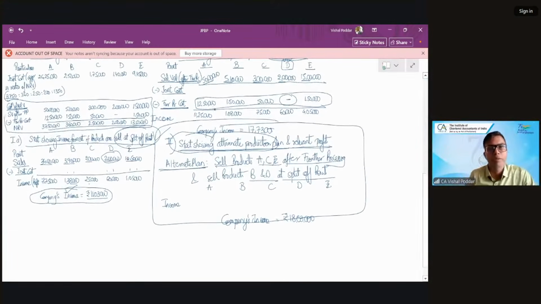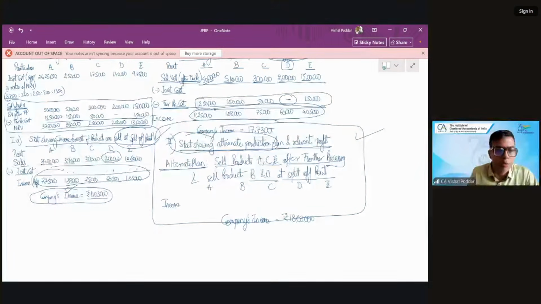And when you have the first 3 workings, you have the profits directly to compare, and using these profits you can directly take this answer. Now, my point is, what if you are not asked to do the first 3 workings, but simply the 4th working? Then what will you do? If only the 4th working is asked, that is where I'm calling it the direct method. Direct method is the direct method of decision making. So only the decision is asked. No other thing is asked.